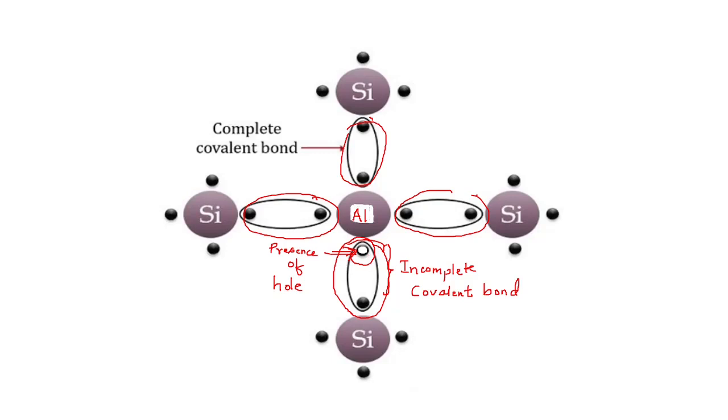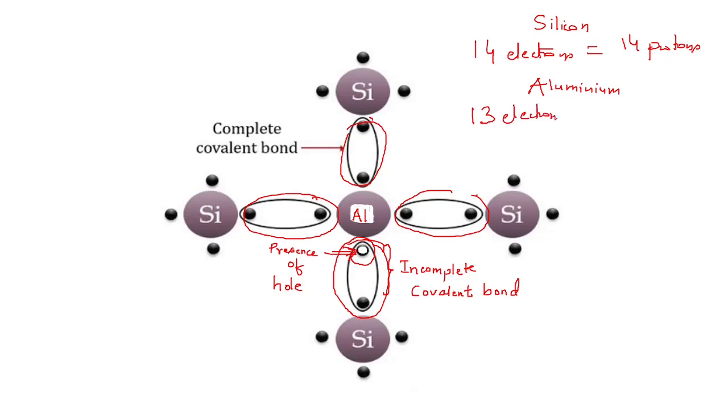Now to see here, we have already shown that intrinsic semiconductor silicon is having 14 orbiting electrons and it is having 14 protons in the nucleus. Therefore, silicon atoms as a whole are electrically neutral. If you speak about aluminium, now aluminium will be having 13 orbiting electrons, and in the nucleus it will be having 13 protons.